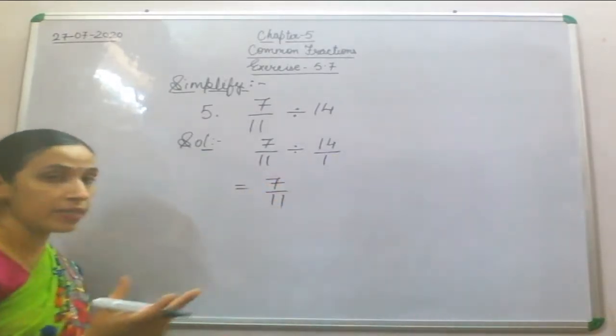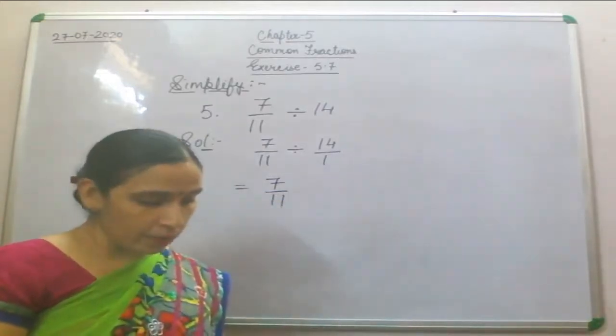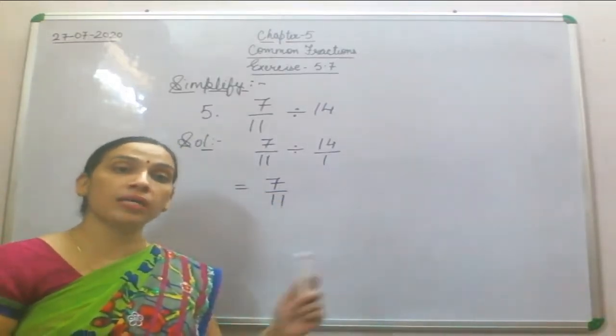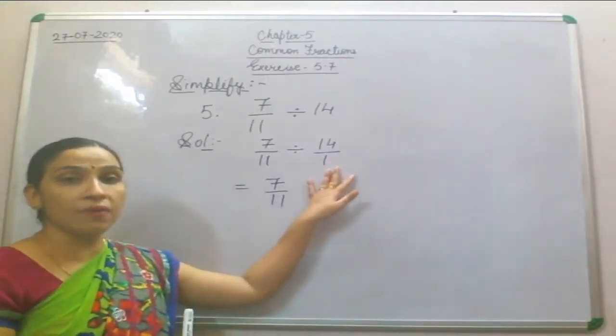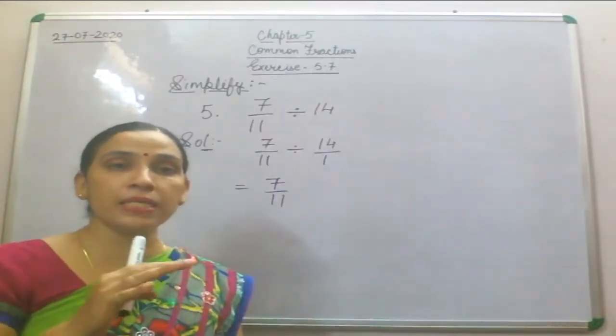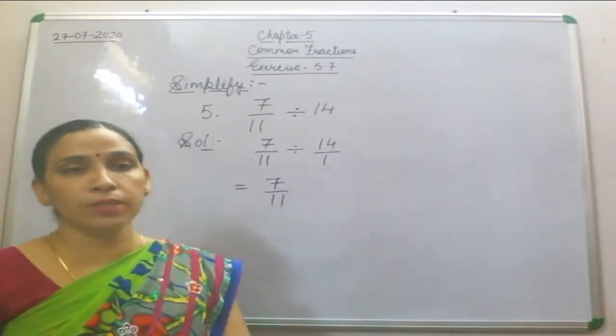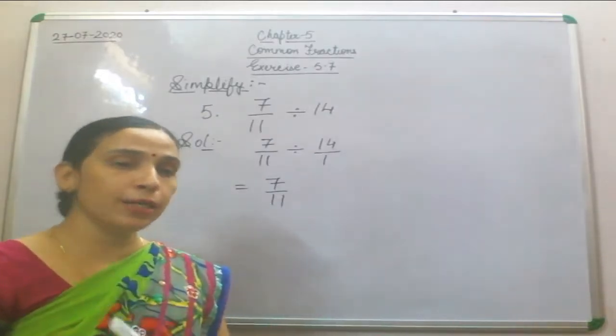Now the next step is you are going to change division into multiplication. When you are changing division into multiplication, what change will occur? The fraction which is after division will become the reciprocal. Reciprocal means that the numerator will become the denominator and the denominator will come in the place of the numerator.